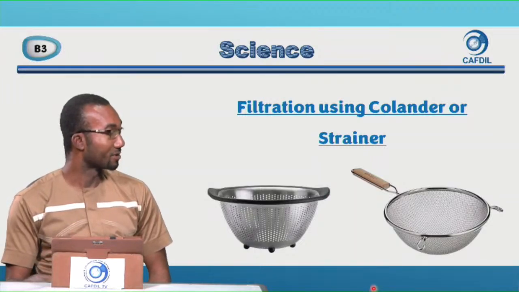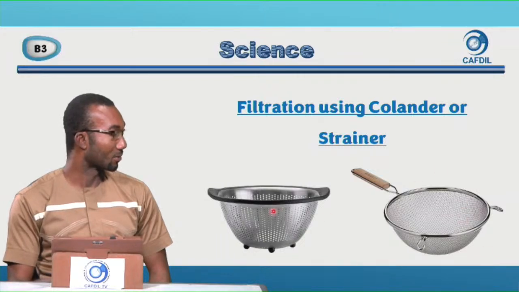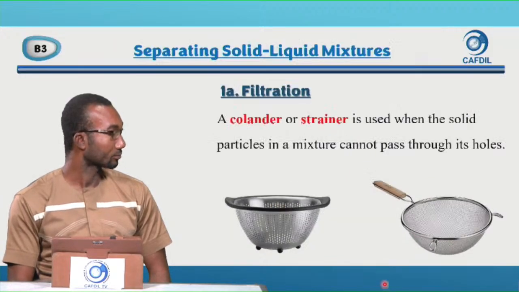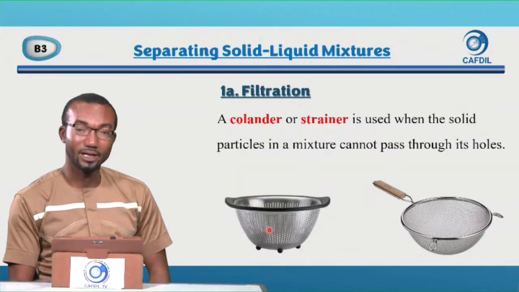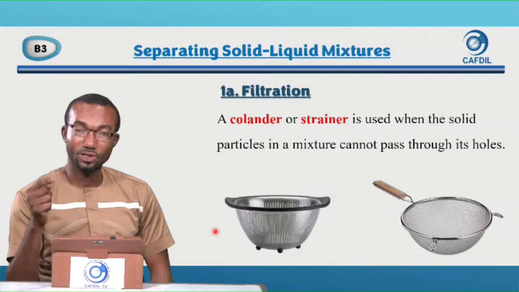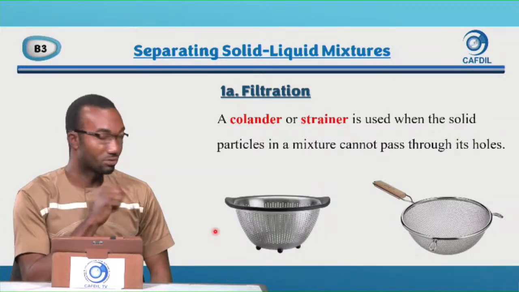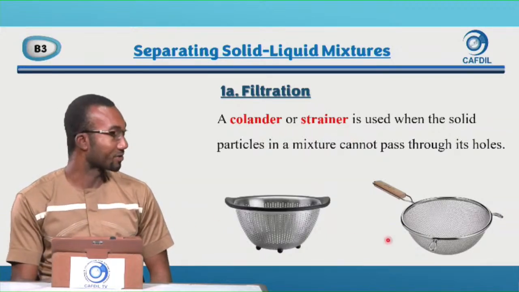Now let's do an experiment using a colander. So this is a colander and this is a strainer. A colander or strainer is used when the solid particles in a mixture cannot pass through its holes. So I can only use a colander when I know that the solid particles cannot pass through the holes of the colander or the strainer.